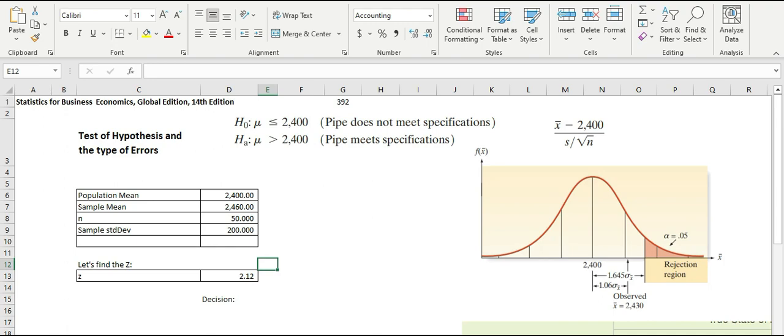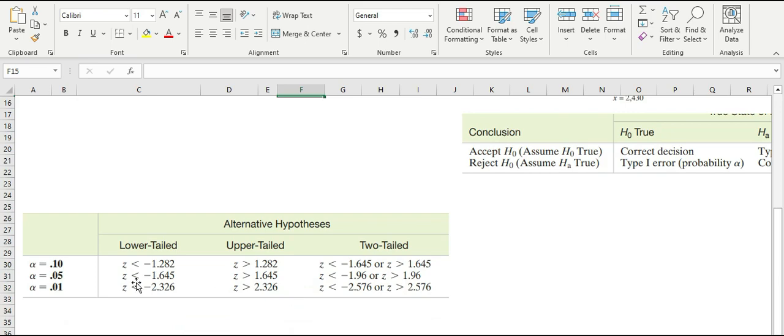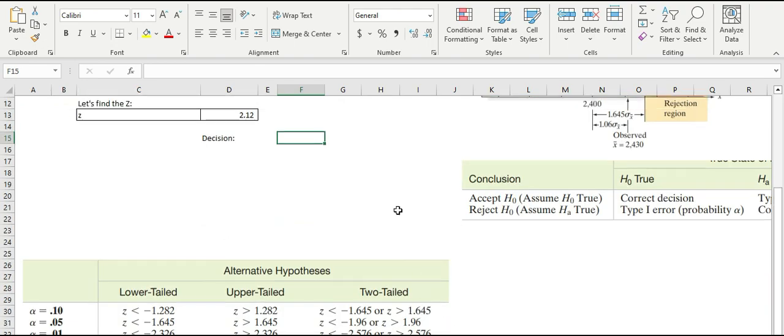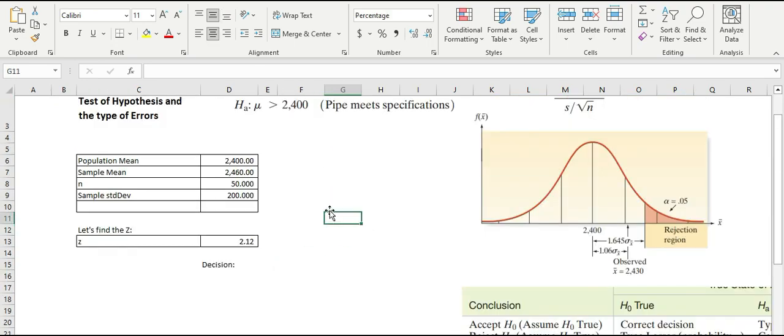We are either going to use the 1.645 or the 1.96, for alpha of 0.10 or 0.05. From the book, they use the 1.645. Since the z value is greater than this one, it means that we will reject the null hypothesis.